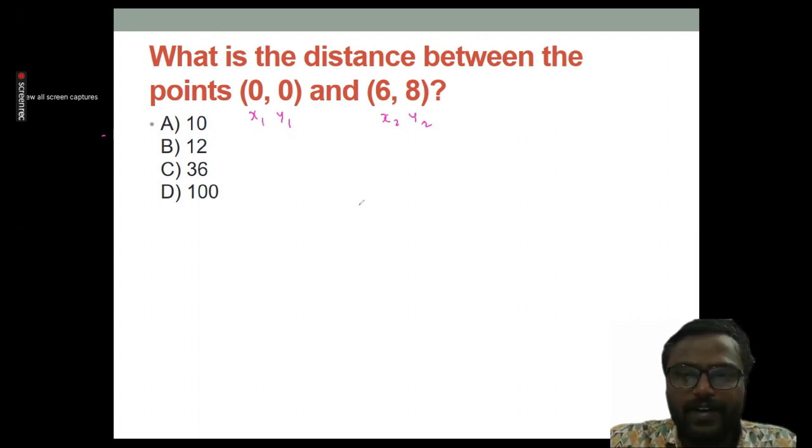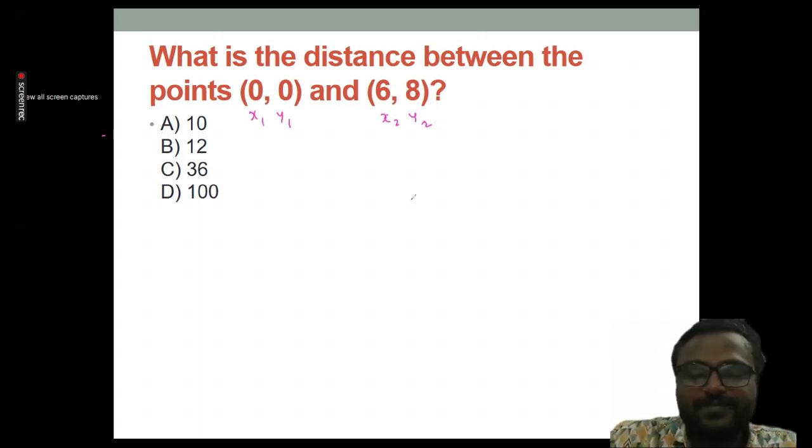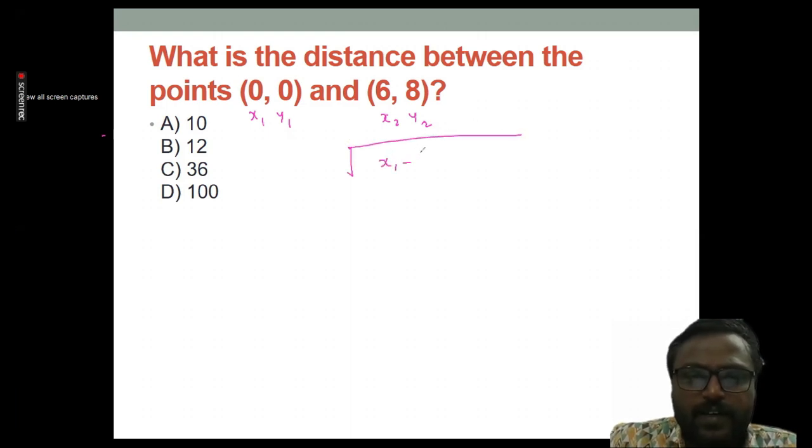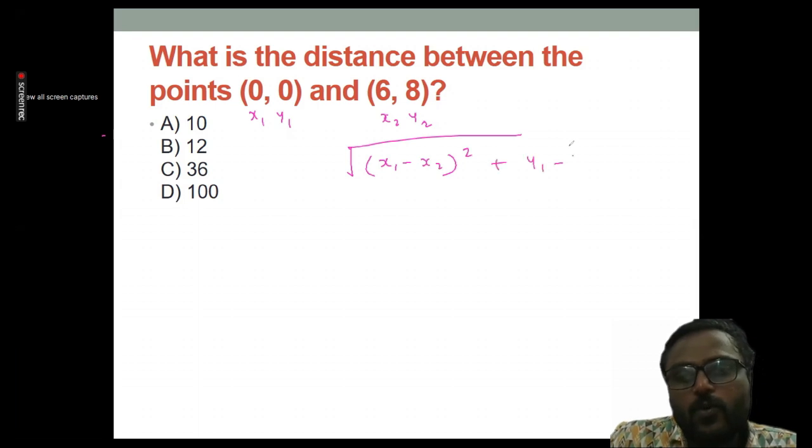Solve it, guys. Okay, good, Jacob. You just have to plug it into this formula: x1 minus x2 whole square plus y1 minus y2 whole square.